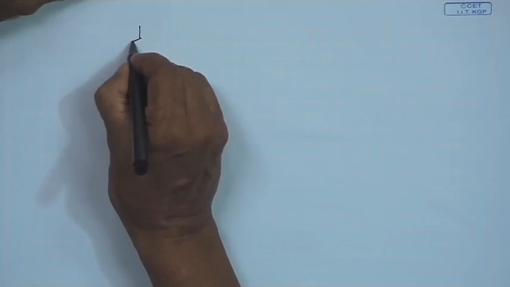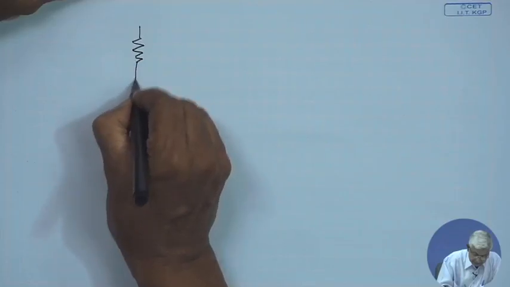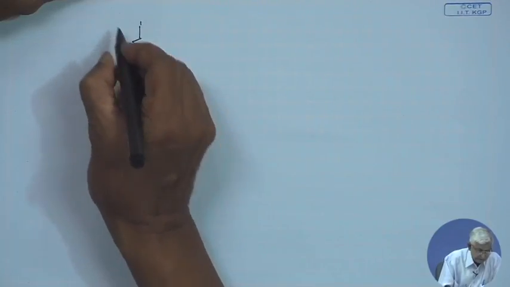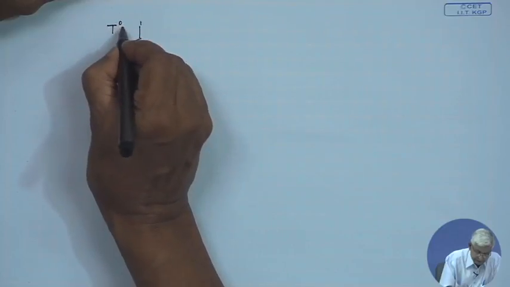Now, let us look at it in more detail, how it comes and how the value can be estimated. Let us take a resistance. This is resistance R at a temperature T degree Kelvin.